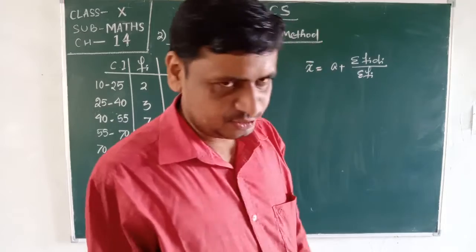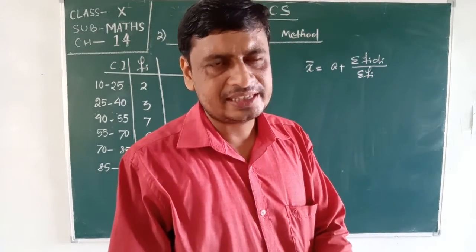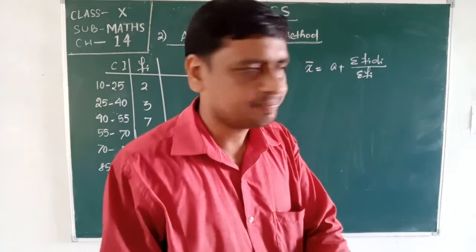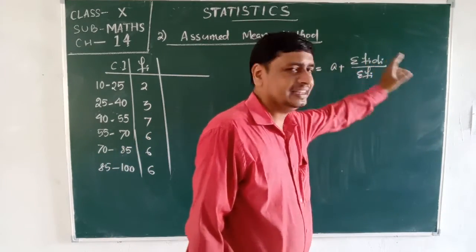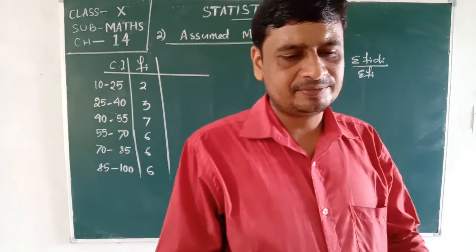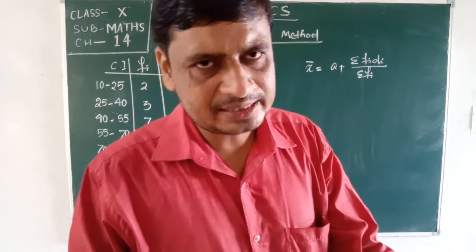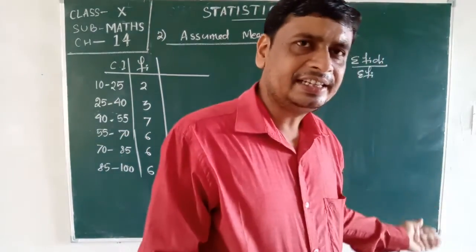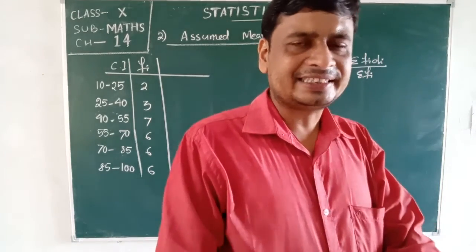We have to assume any observation as the mean of the data. Assumed mean plus sum of fi di. Here, di is the deviation, or it is the difference between the xi and this assumed mean A.